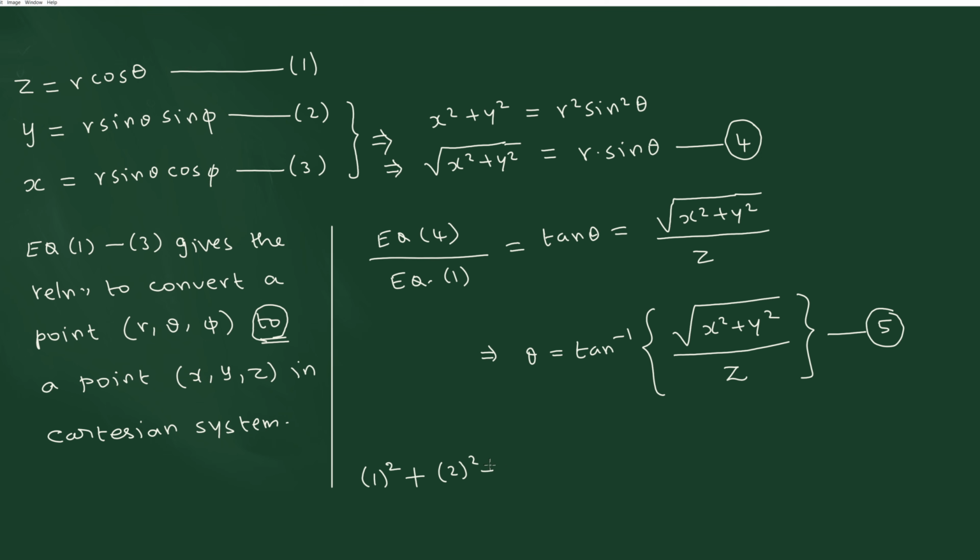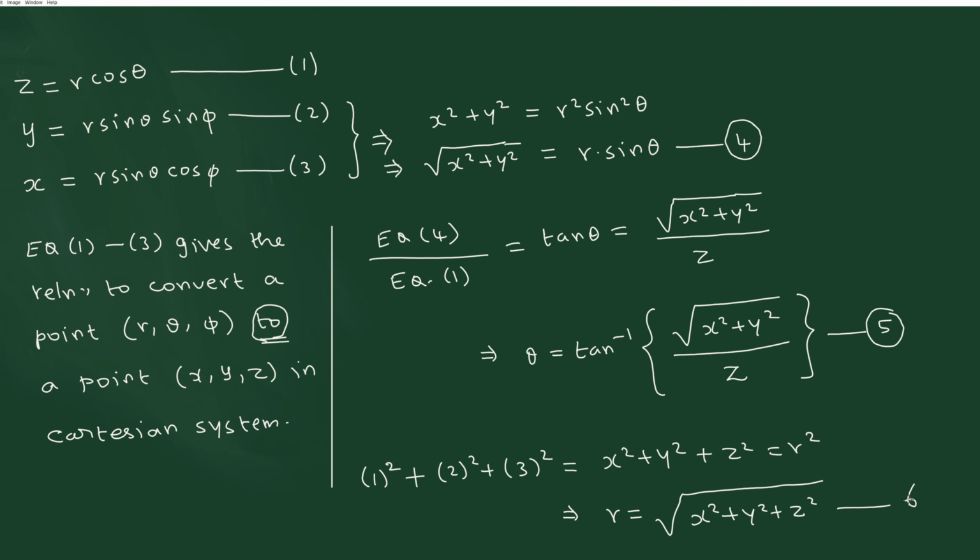Equation 1 square plus 2 square plus 3 square. All the 3 equations you square and add, then we get x square plus y square plus z square will give you r square. And that's all. So that gives you r is equal to square root of... so that is your equation number 6.